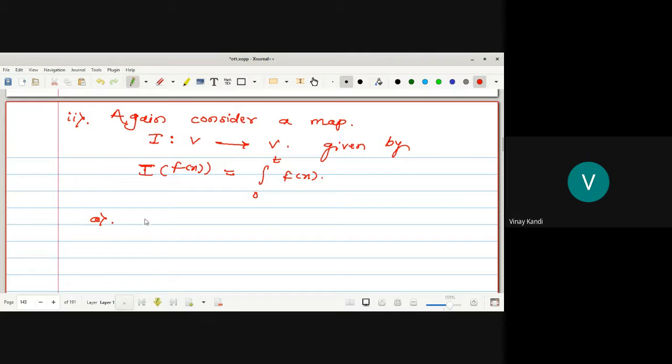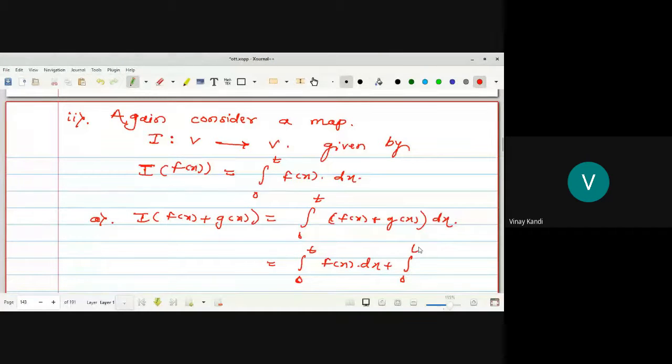What do we have? Take any two elements from capital V, suppose f of x and g of x. By the definition, I of f of x plus g of x is the integral from 0 to t of f of x dx plus g of x dx. By the definition of integration, this is the integral from 0 to t of f of x dx plus the integral from 0 to t of g of x dx.